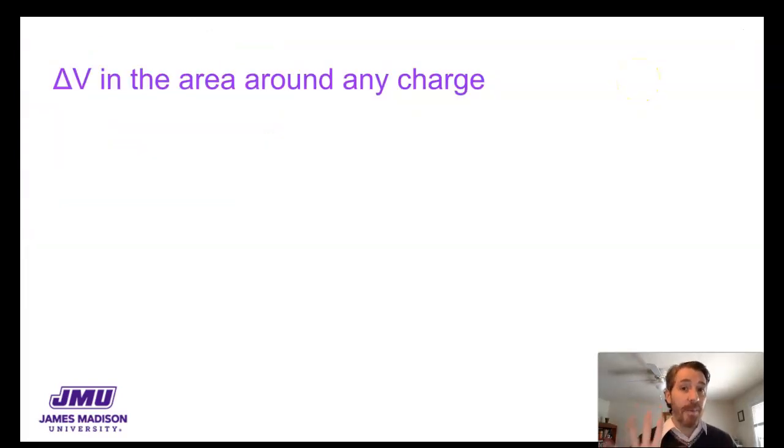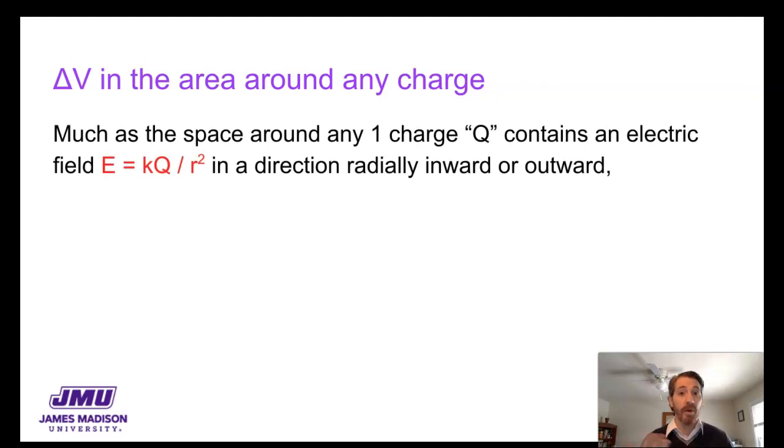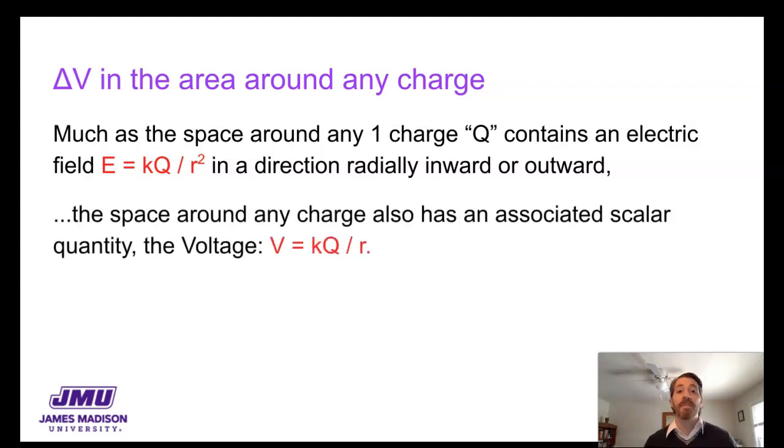Any charge, capital Q, by itself will distort the space around it and create an electric field. And we already have an equation for that. That same charge, capital Q, has associated with its electric field, and therefore associated with it, an electric potential.